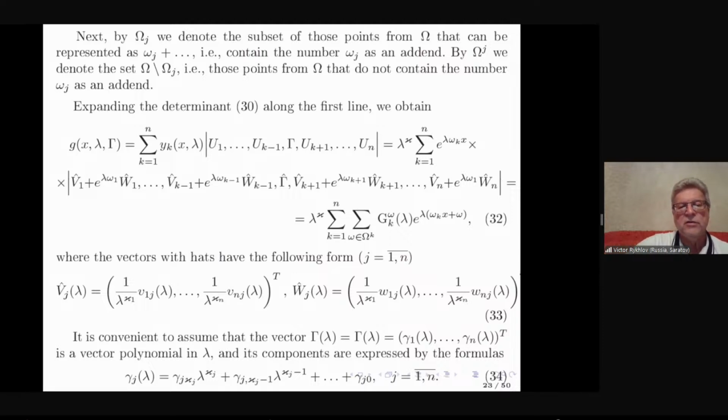Expanding the determinant 30 along the first line, we obtain the representation 32 for the function g of x, lambda, gamma, where the vectors with heads have the form 33. It is convenient to assume that the vector gamma of lambda is a vector polynomial in lambda, whose components are represented by formula 34.